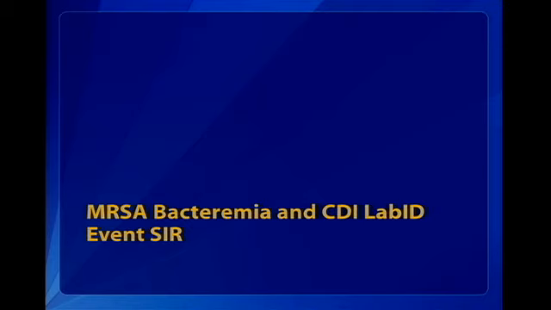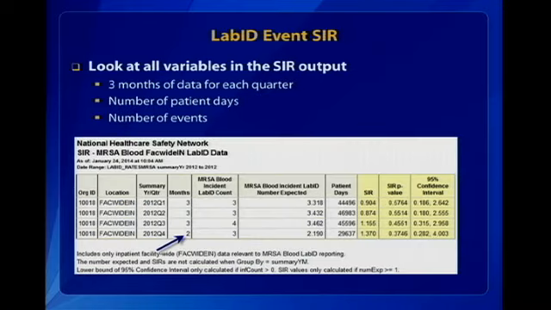Okay, so I will now talk about the MRSA bacteremia and CDI LabID SIR. And we get a lot of questions on these, so I'm hoping that this will help everyone. So here's a sample output of LabID SIR, and you notice there is one row of data for each quarter.